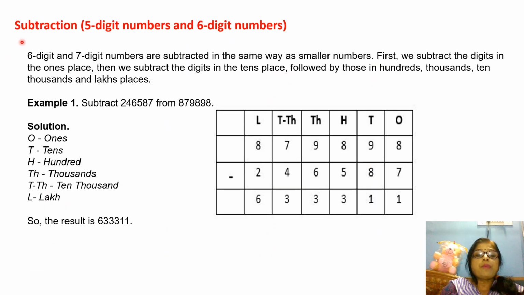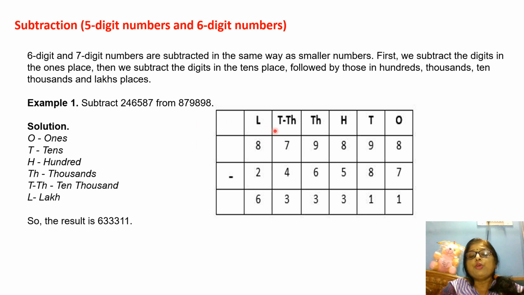Students, next topic is subtraction of 5-digit numbers and 6-digit numbers. 6-digit and 7-digit numbers are subtracted in the same way as smaller numbers. First, we subtract the digit in the ones place, then we subtract the digit in the tens place, followed by those in the hundreds, thousands, ten thousands and lakhs place. First keep in your mind that you are subtracting the smaller number from the bigger number.